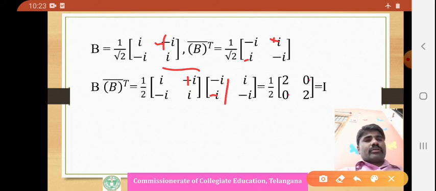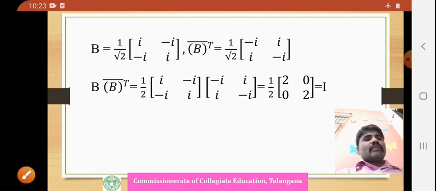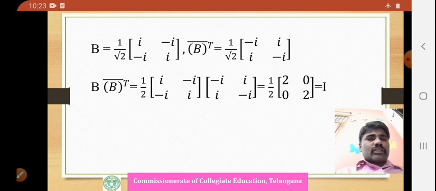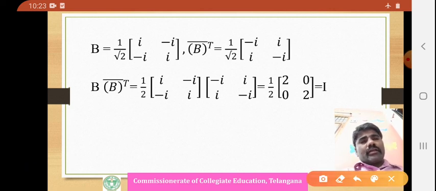Now here is the example for a unitary matrix, B equals 1/√2 times the matrix with i, plus i, minus i. Now take the conjugate transpose and multiply them, we will get the identity matrix I. This is a unitary matrix, since B into B bar transpose equals I.